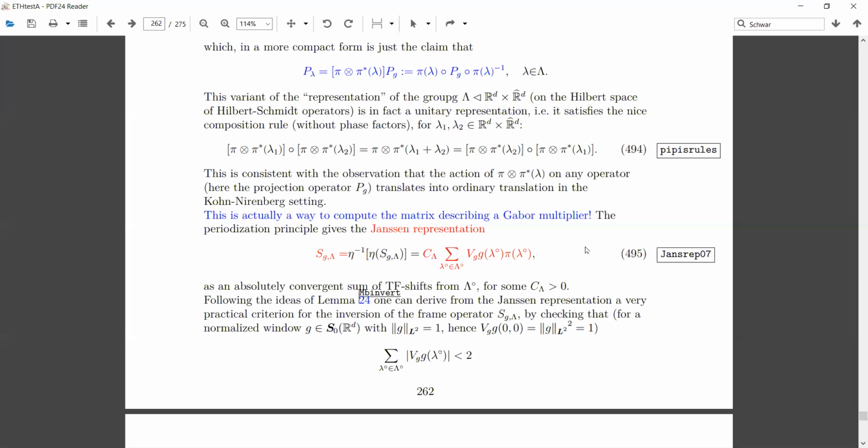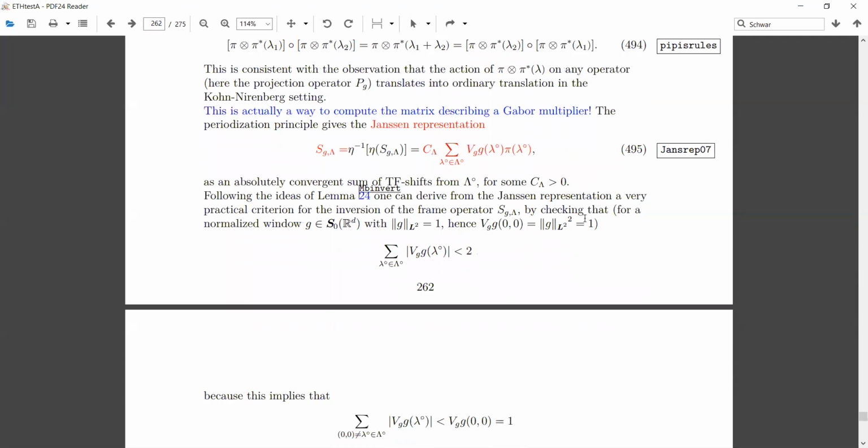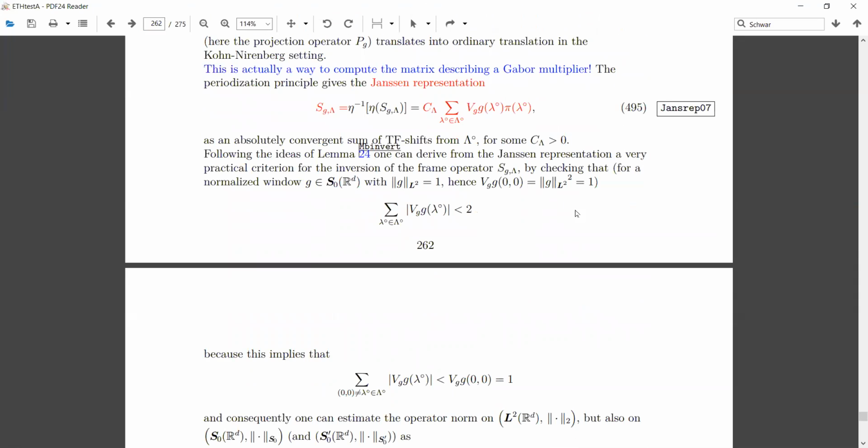So this formula has been extremely useful for the derivation of results, saying when is such a family, a Gabor family along a lattice lambda in the time frequency plane, certainly a Gabor frame? And the answer is this inversion trick, which I was explaining in the context of discrete convolution.